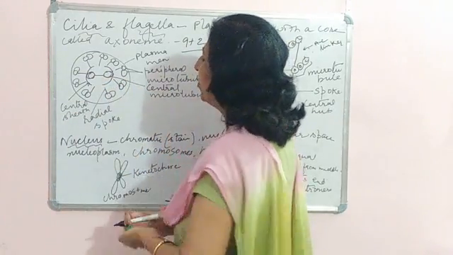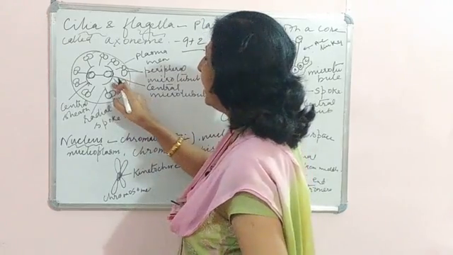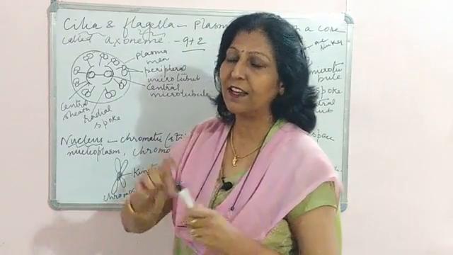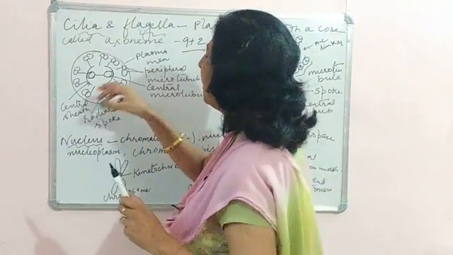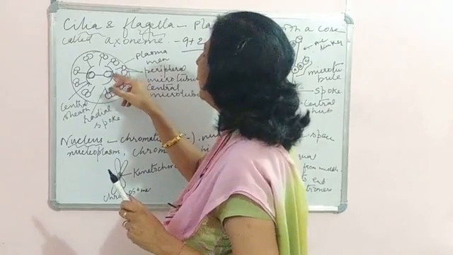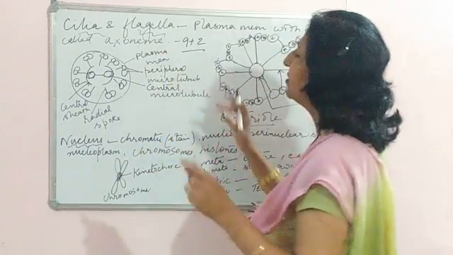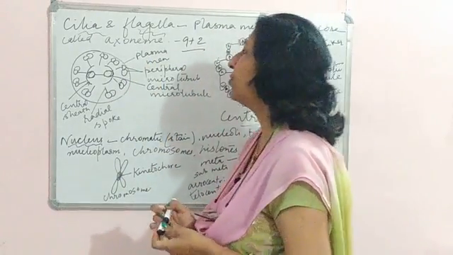These stand like cycle spokes, like the wheel of a cycle that you see. So this is the structure it provides to cilia and flagella.